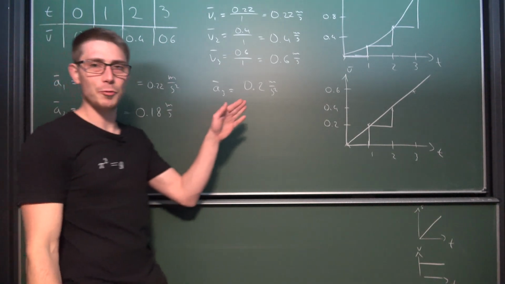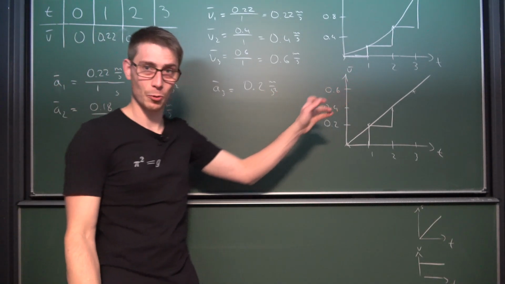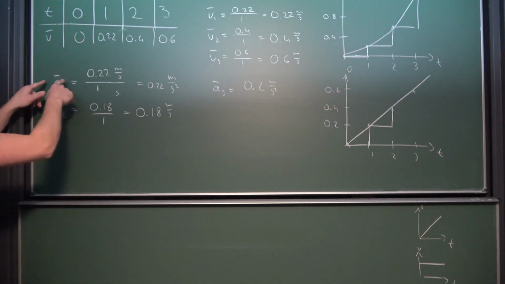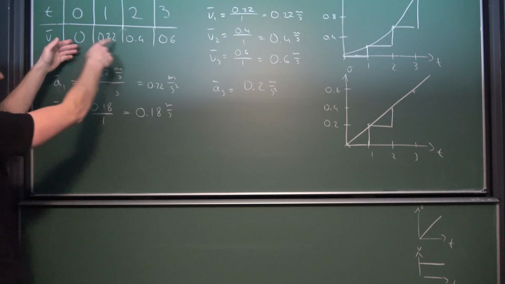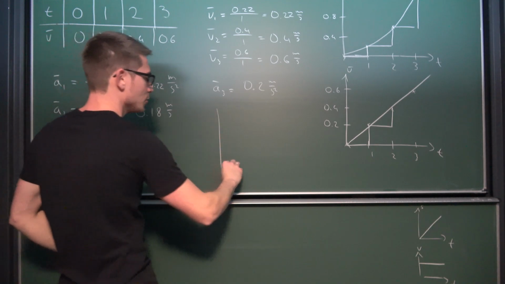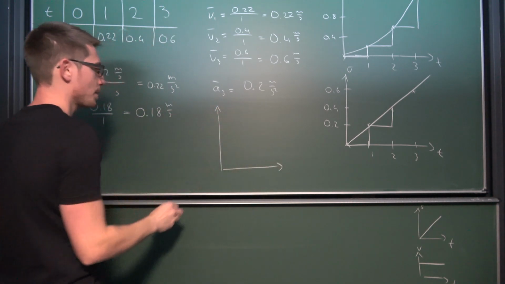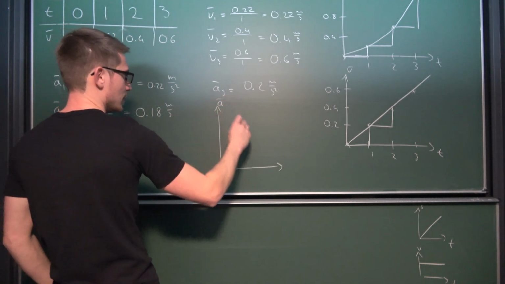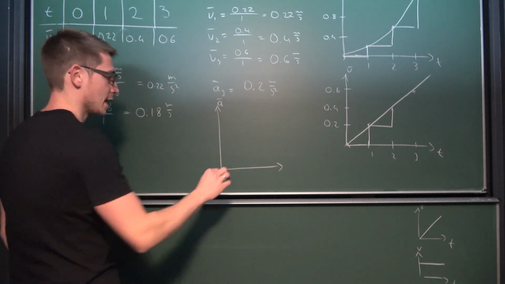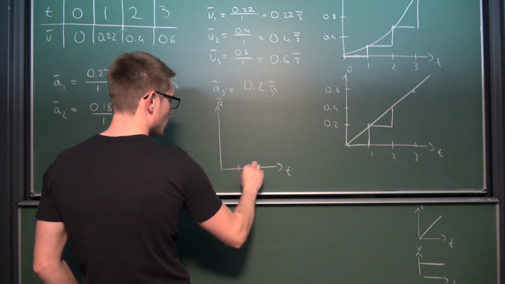And now, if we get ourselves the coordinate system once again, which plots the average acceleration over the time periods, we are going to get this diagram out. Now here's our average acceleration, not velocity, I'm sorry. And we get our t down here, 1, 2, 3.